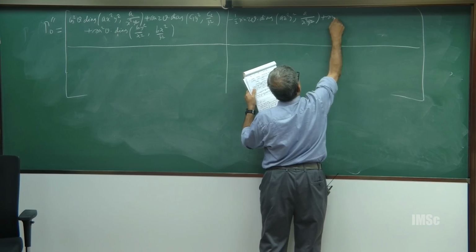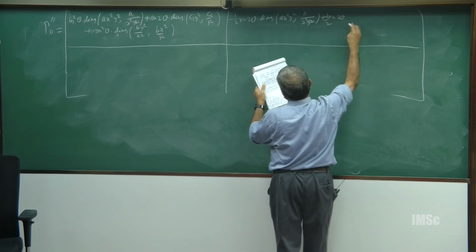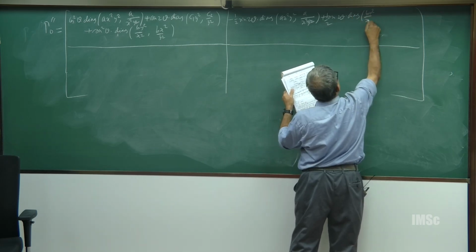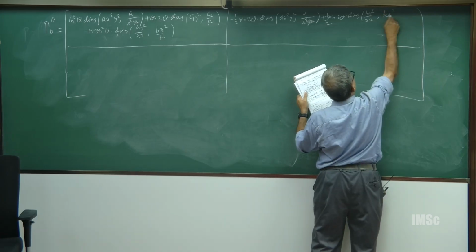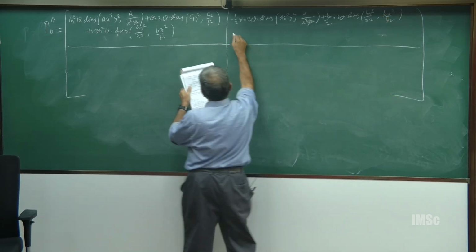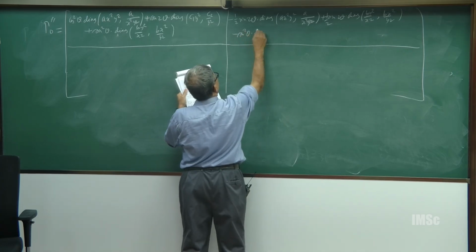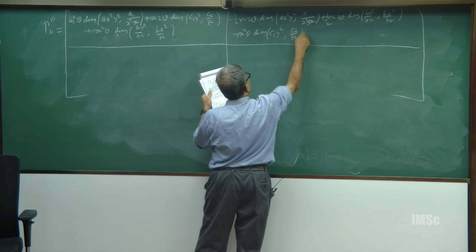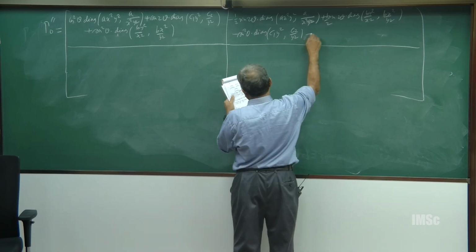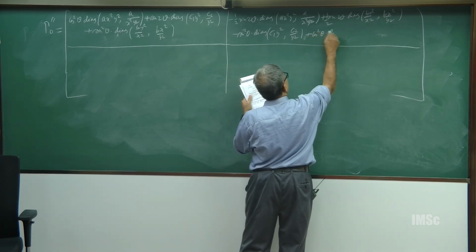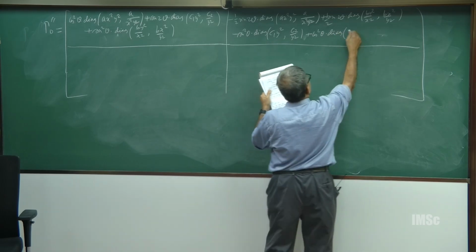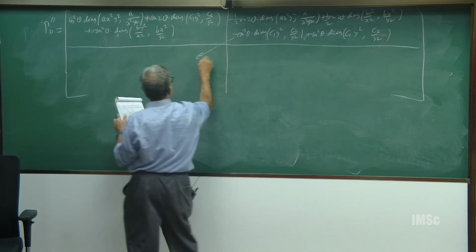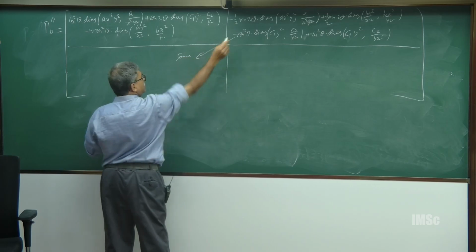plus half sin 2 theta diagonal b y square by x square comma b x square by y square, minus sin square theta into diagonal c 1 y square c 2 by y square and plus cos square theta into diagonal of c 1 y square c 2 by y square, and of course, the same thing will be here. Okay.